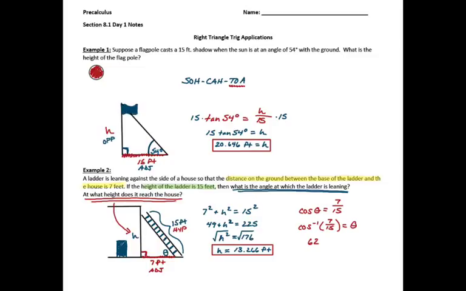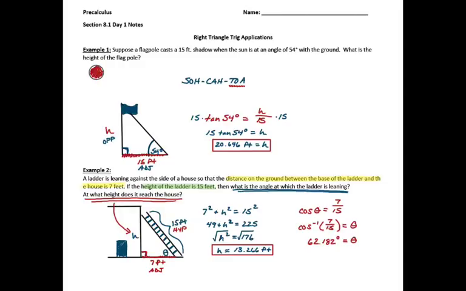So what I would type in my calculator is exactly that, cosine inverse, which is second cosine, of 7 over 15, and if my calculator is in degrees, I hit enter, and it'll give me an angle in degrees, which is what I'm going to report here. So the angle that I get is 62.182 degrees. So that is the angle formed by the ladder leaning against the wall, 13.266 feet off the ground.